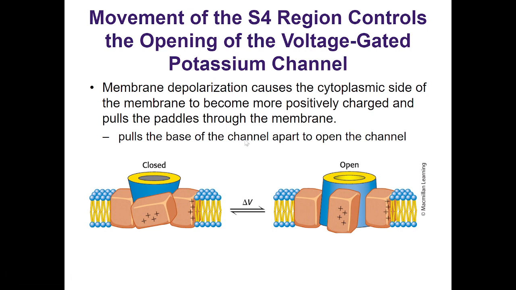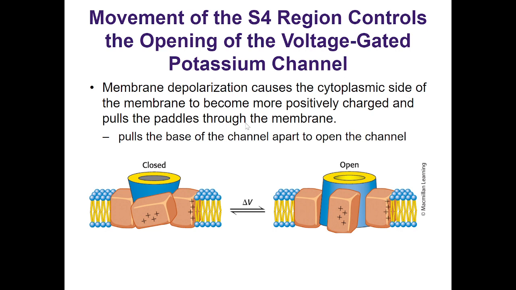So your membrane depolarization is going to cause the cytoplasmic side of your membrane to become more positively charged. What's going to happen to the positive charge of your S4s? They're going to be repelled by the positive charge there, right? Okay. And so your cytoplasmic side, again, is going to become more positively charged.